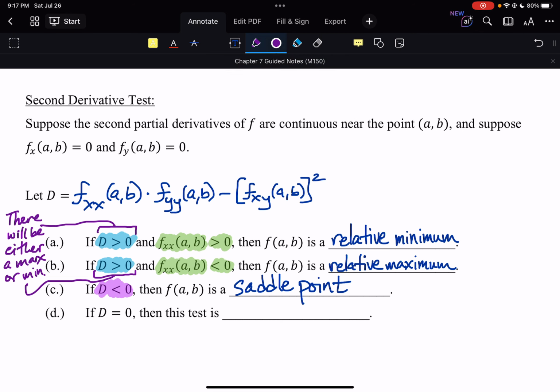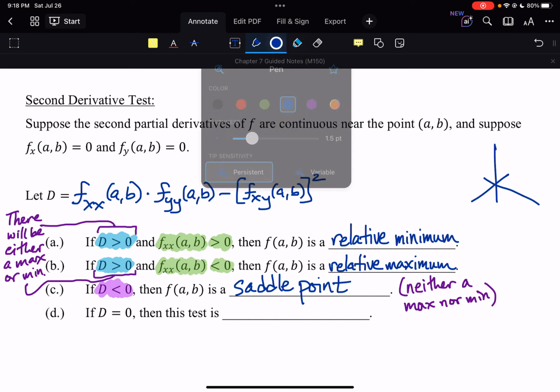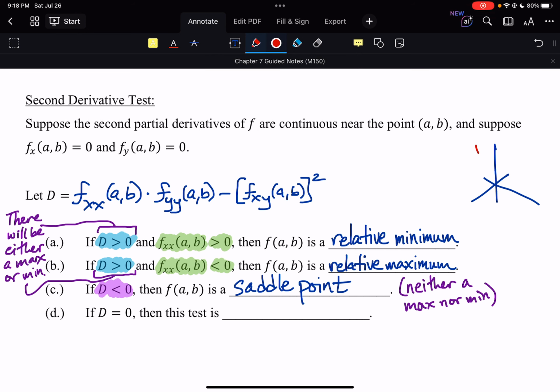The saddle point is kind of like the neither case, so neither a max nor a min. The reason we call this type of point a saddle point is because if you were to look at the graph of it, it would look something like this.